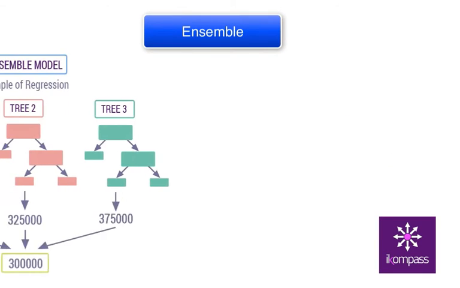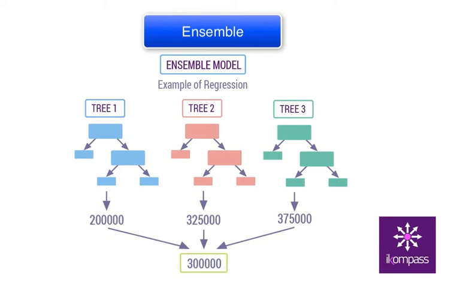Random forests are part of something called ensemble learning models. Ensemble is a combination of estimators or classifiers that performs better than each of its individual classifiers. For example, if we are trying to predict the housing price, our different trees could be giving us different results or different predictions for the housing price.